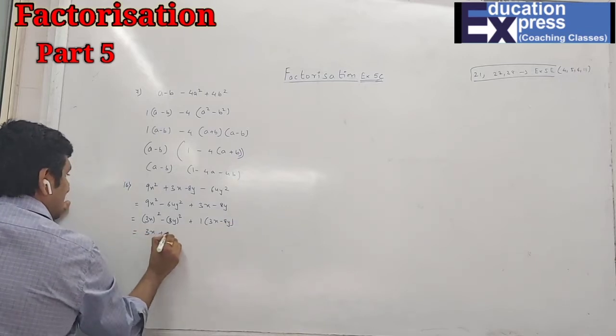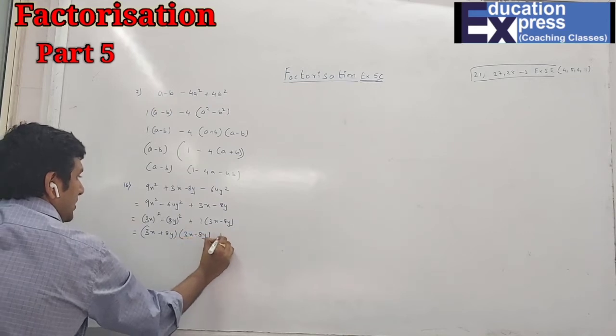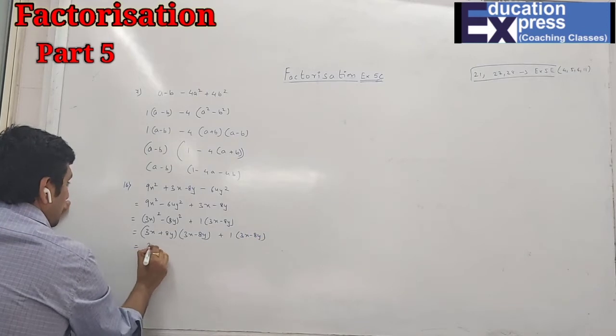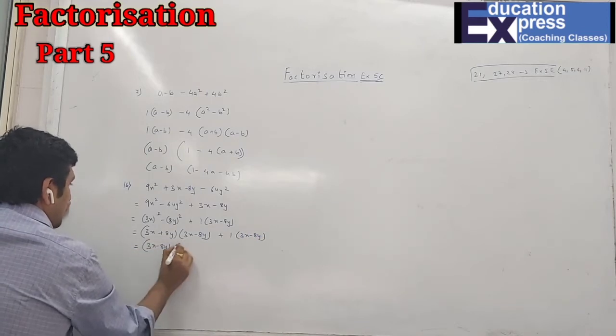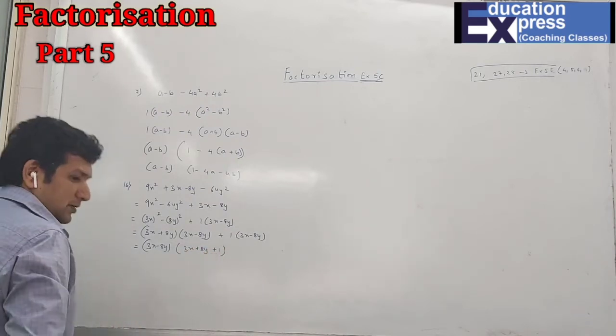So a plus b, a minus b, and here 3x minus 8y. What is common? 3x minus 8y is common. What is left? 3x plus 8y plus 1.